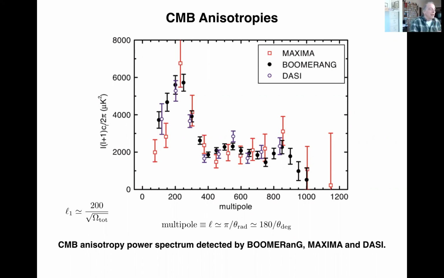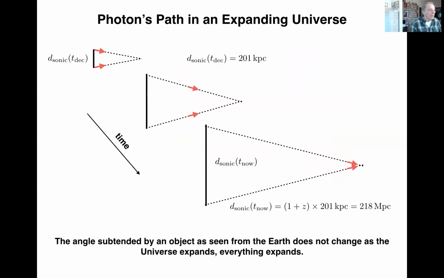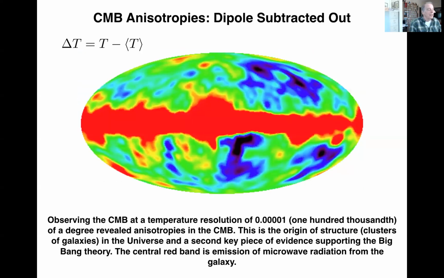Firstly, if we look at the abscissa, we're listing the multipole. And what we're essentially doing is the following. I'm going to go back to maybe this slide here. You pick a point, let's say one of those blue sections, maybe in the upper left.